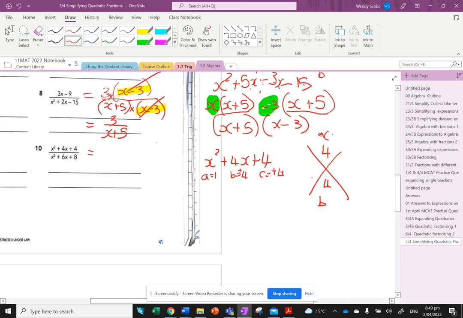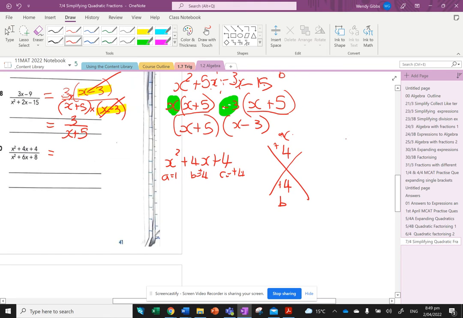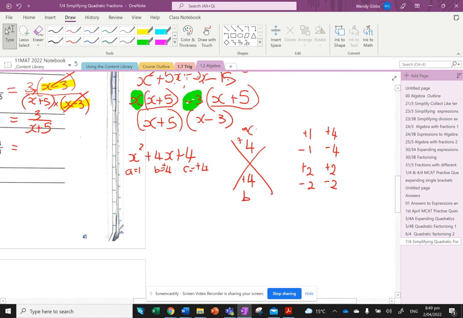Factors of 4 that will combine to make positive 4. So the factors of positive 4 are positive 1 and positive 4, or negative 1 and negative 4, positive 2 times positive 2, or negative 2 times negative 2. All right, so which one of these combine to make plus 5, minus 5, plus 4, minus 4? These are the two that are correct.